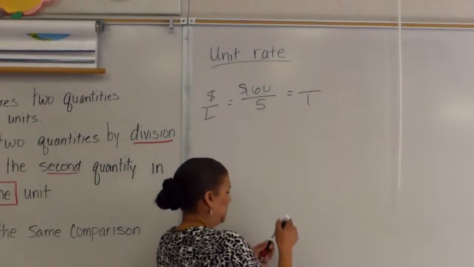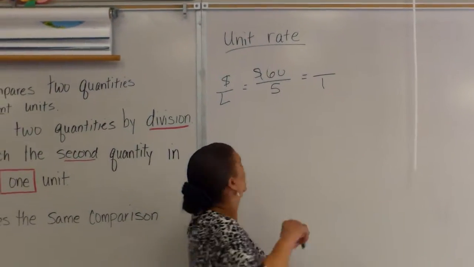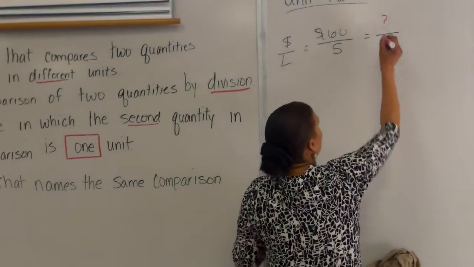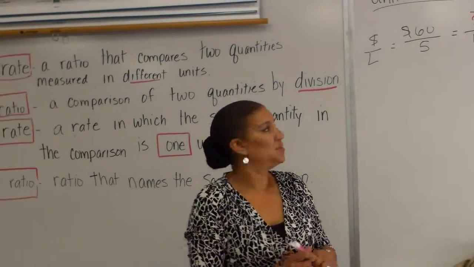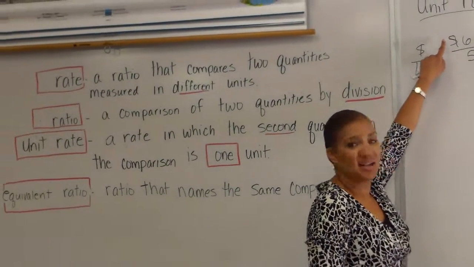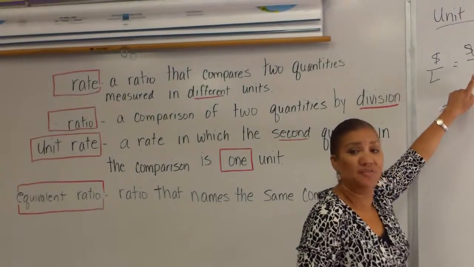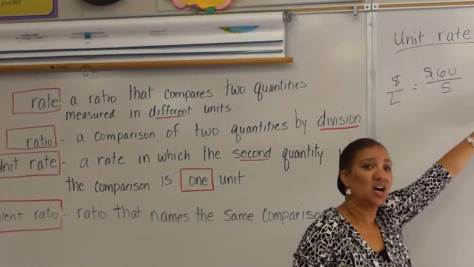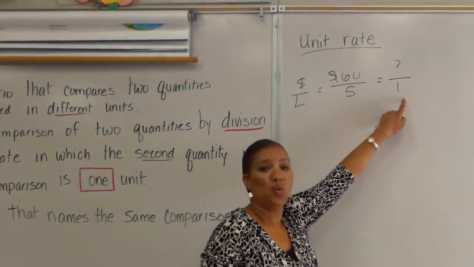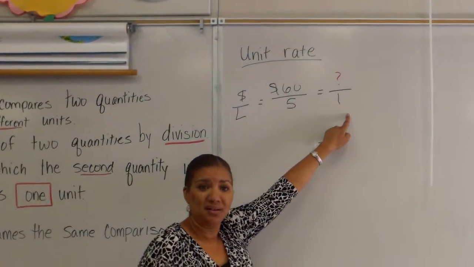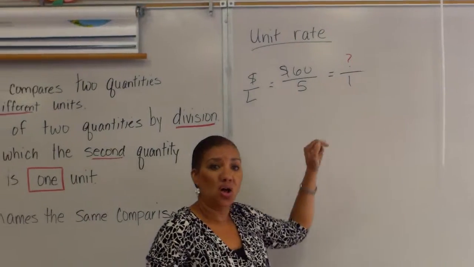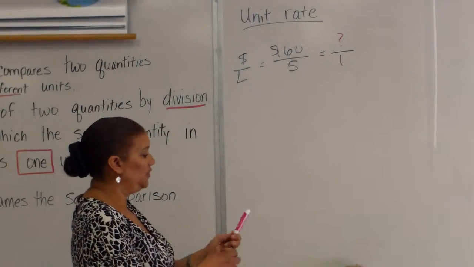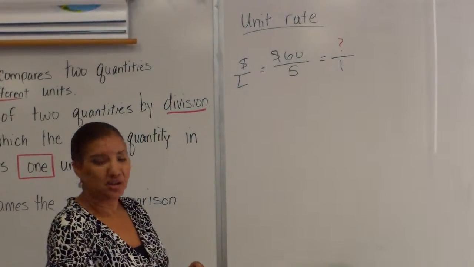So that's an unknown. Let me use a different color. This is an unknown amount. We know that it costs $60 for 5 lessons. How much does it cost for 1 lesson? Well, we need to solve our equivalent ratio.